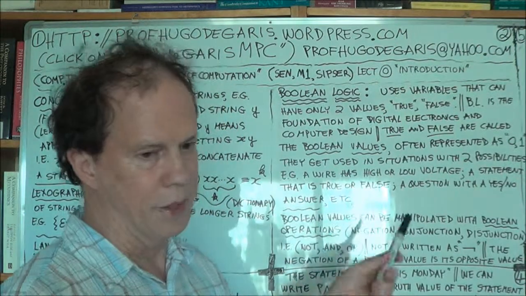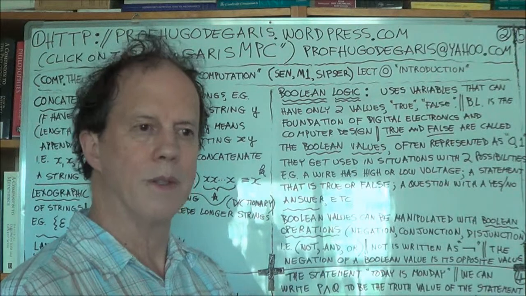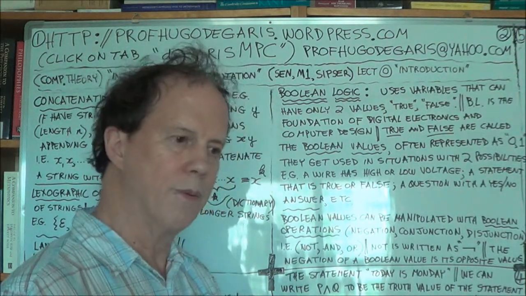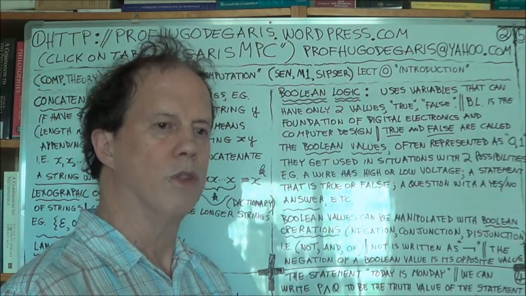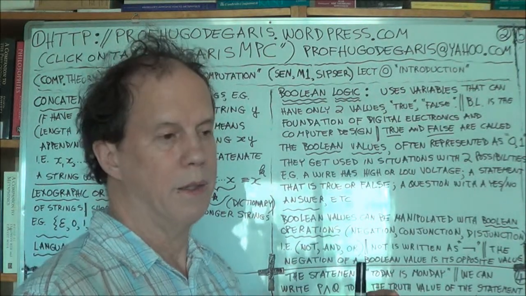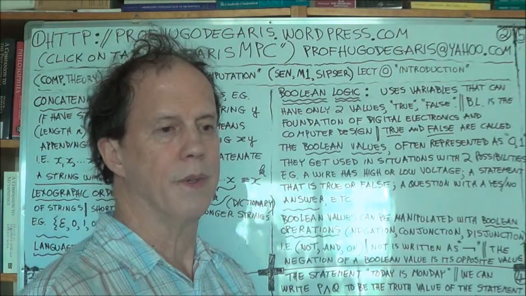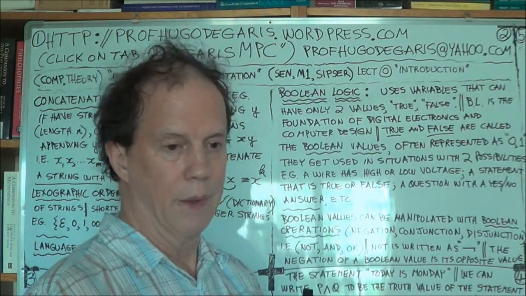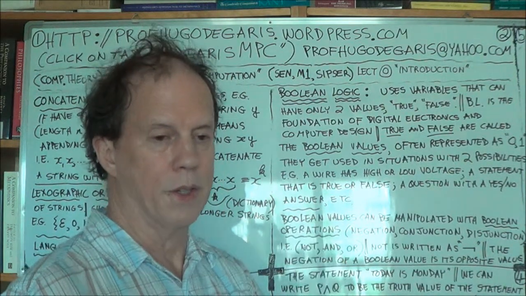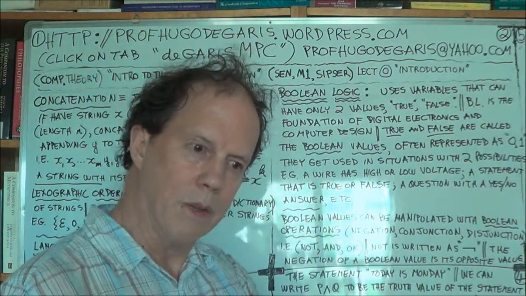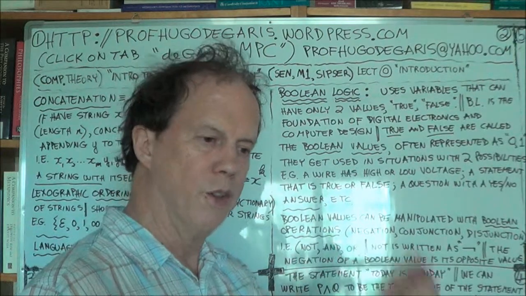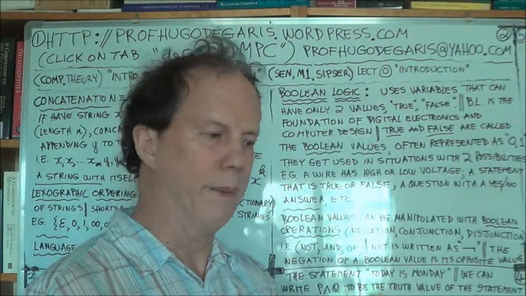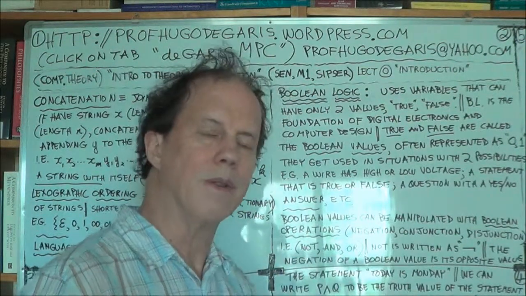So to not a Boolean variable is to convert it to the other value. For example, not of true would be false, and not of false would be true. To not a high voltage would give you a low voltage, and not of a low voltage would give you a high voltage. Not of 0 gives you 1. Not of 1 gives you 0, and so on.